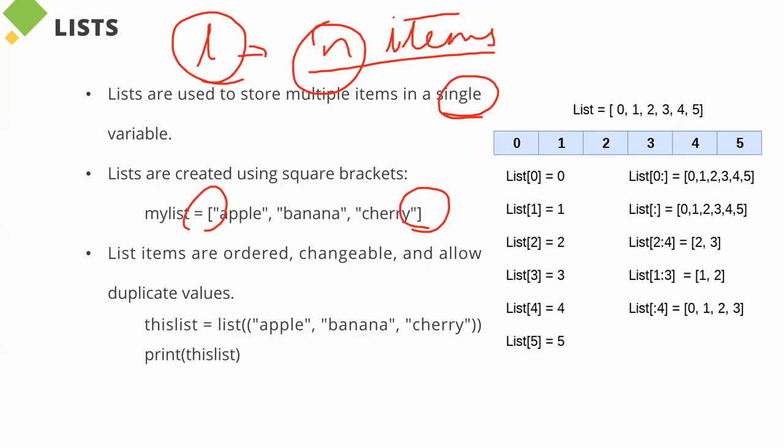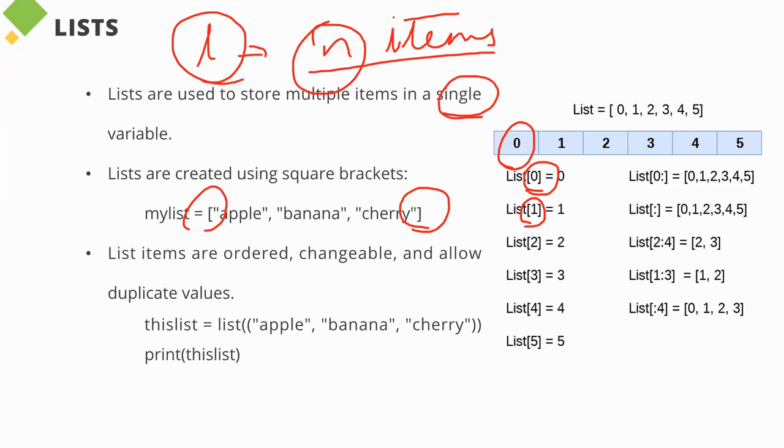We'll be seeing how to create lists and the operations on them. As you all know, a list is very similar to the array data type. In Python, we mostly focus on lists and there are several operations on lists. As I told earlier in the strings concept, in the same way you can access them by using indexing. So if you access list of 0, you will get the item at 0.